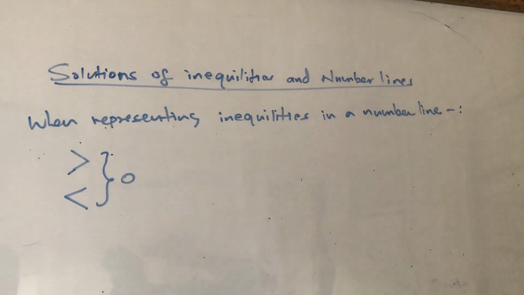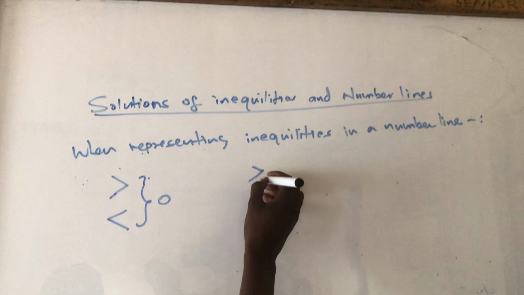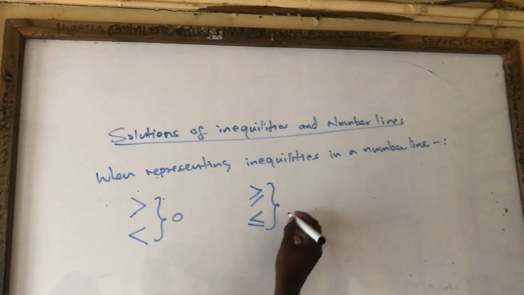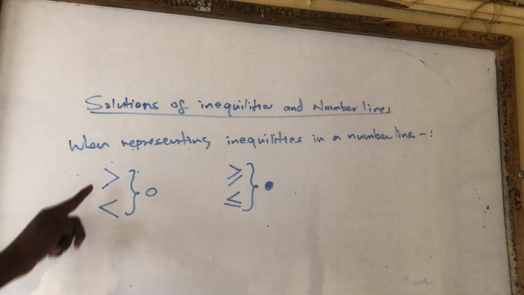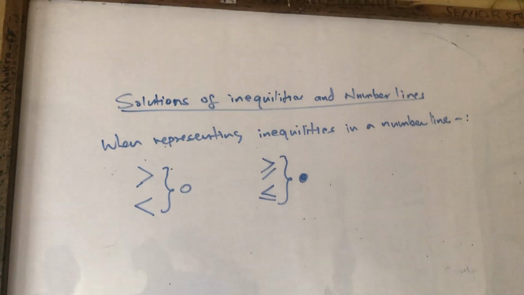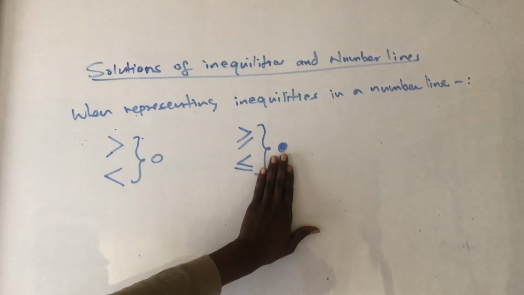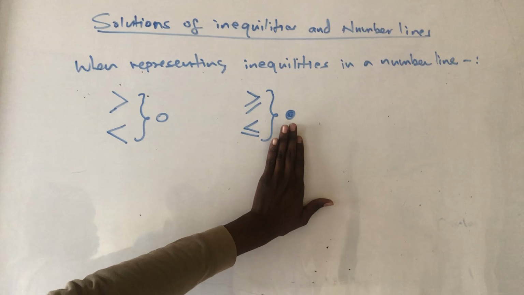Allow me to use the word empty. While for these two other symbols, a student will be required to use a shaded dot.